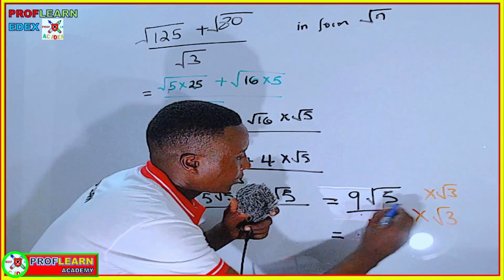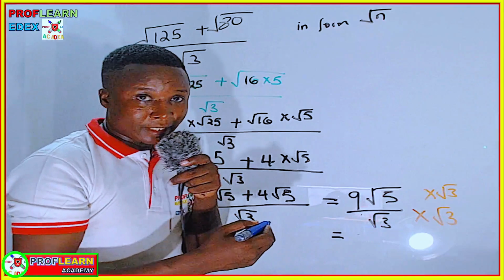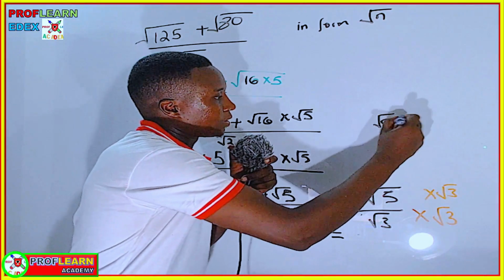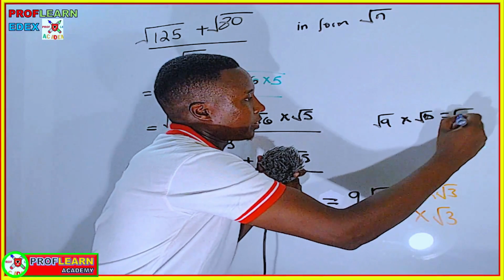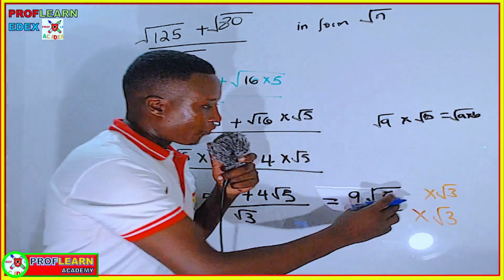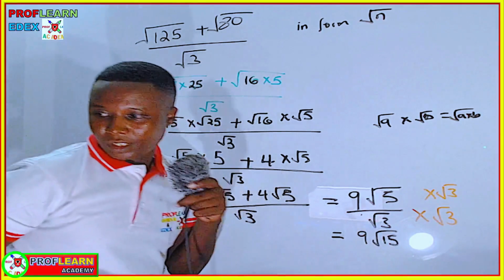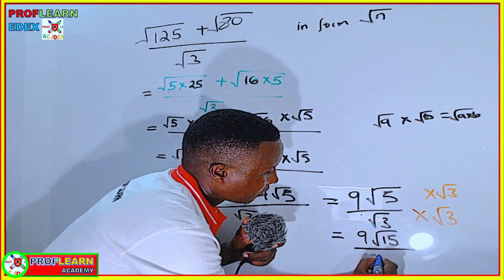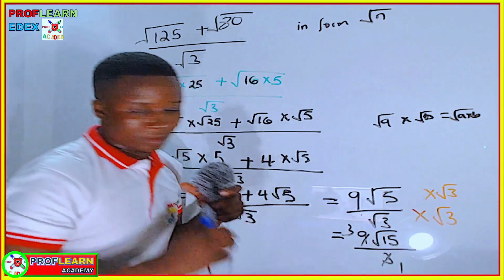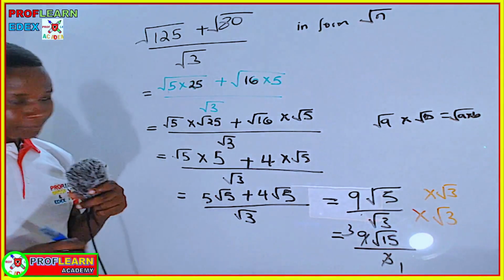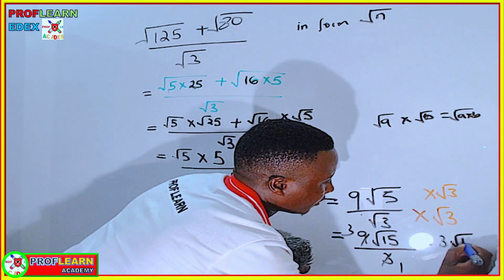So root 5 times root 5, because both are under the square root, and root a times root b is root ab. So 5 times 3 gives us 9 root 15, over root 3 times root 3, which is 3. So this is simply 3 root 15.